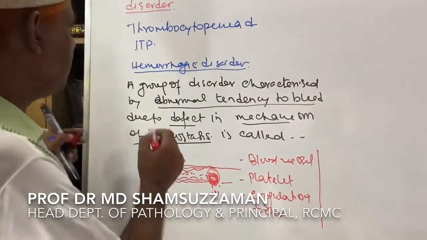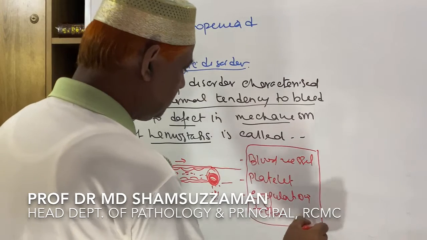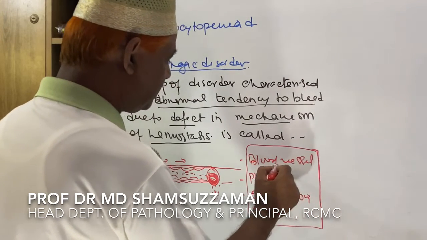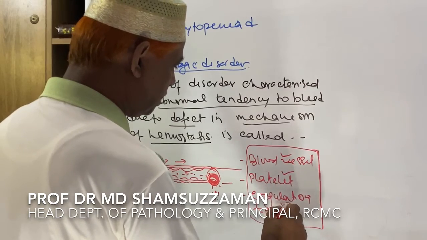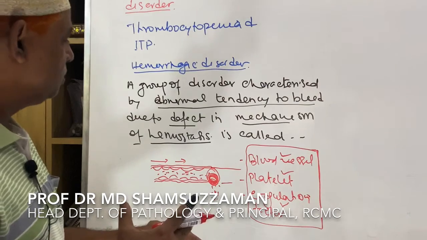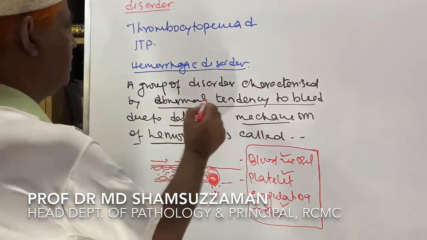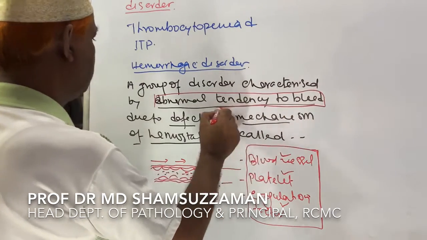If there is any defect in one of these three, either a defect in the blood vessel, or a defect in the platelet, or a deficiency of coagulation factor, there will be no coordinated mechanism, so there will be abnormal tendency to bleed. This is called hemorrhagic disorder.